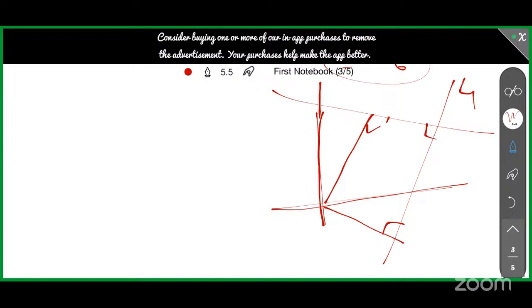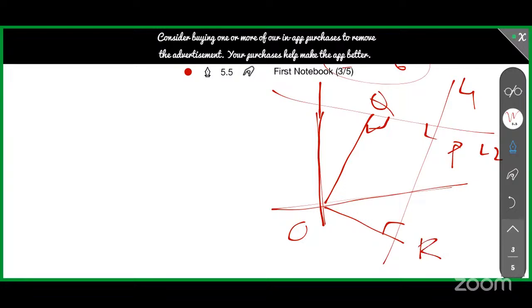L1 is perpendicular, L2 is also perpendicular, and the normal is also perpendicular. If I name this one O, let this point of intersection be P, the normals be Q and R. Now look carefully.